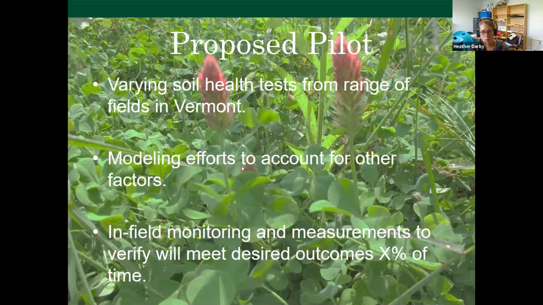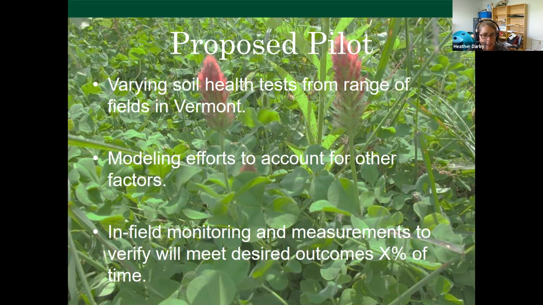So here's my proposed pilot, and I know this is what I'm supposed to get to. I agree that using the Cornell soil health test is a good starting point. And I agree that the Cornell soil health test results combined with implementation of the RAPs will help cover, I believe, most of the landscape that we need to be looking at.